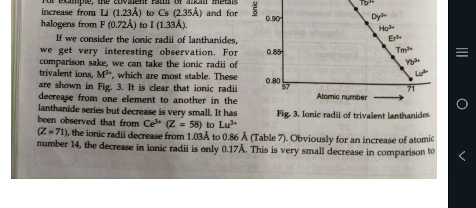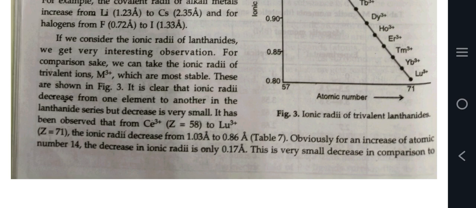It has been observed that from cerium-3+, atomic number 58, to lutetium-3+, atomic number 71, the ionic radii decrease from 1.03 angstrom to 0.86 angstrom. Obviously, for an increase of atomic number by 14, the decrease in ionic radii is only 0.17 angstrom.